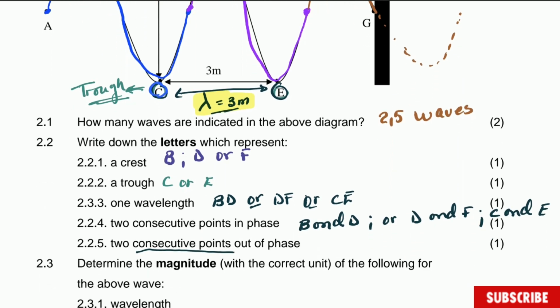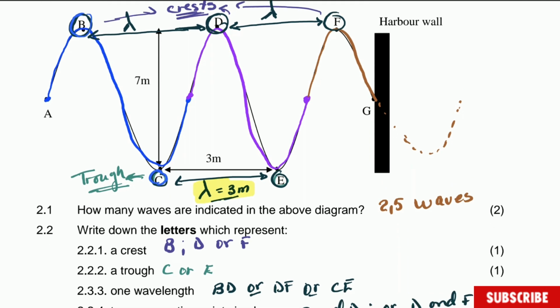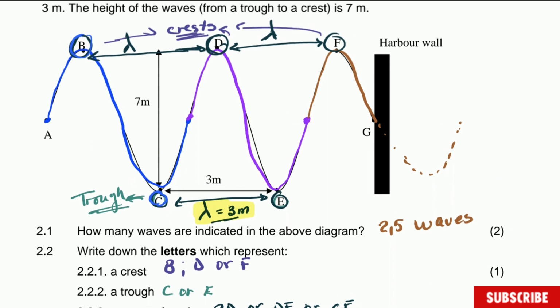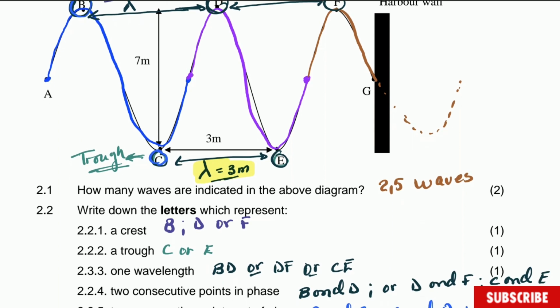So you can say, for example, B and C, or for example, C and D is also consecutive point out of phase. And another points out of phase that are consecutive are D and E, because C and F, for instance, B and E, but they say consecutive one. So D and E is another one.